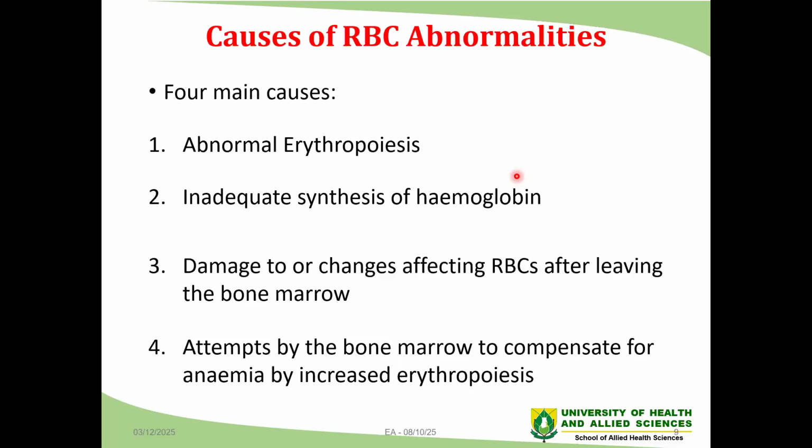Then another one too is when you have inadequate synthesis of hemoglobin. Third is when you have damage to the red cell after it has left the bone marrow. So from the bone marrow, the red cell was produced normally, it has normal structure, everything was fine. But after it left the bone marrow space into the bloodstream, something happened to the red cell on its journey.